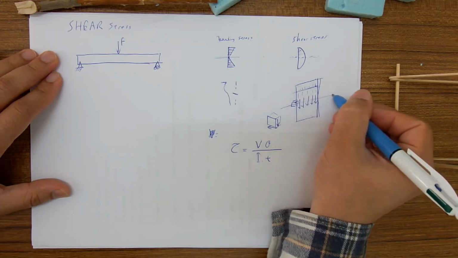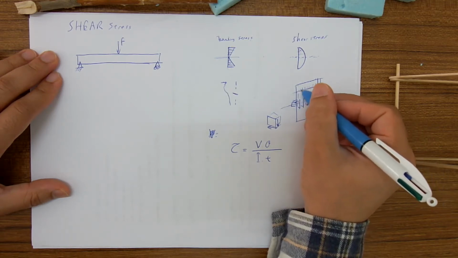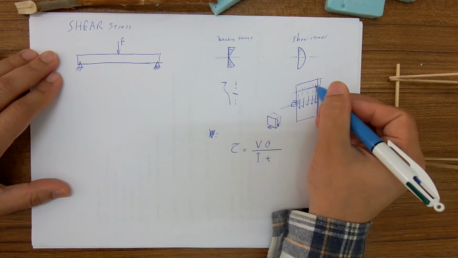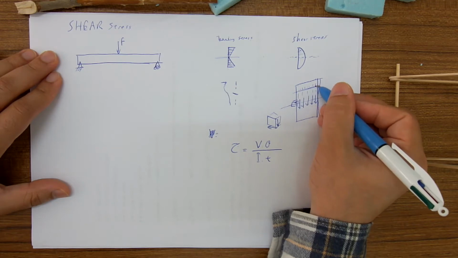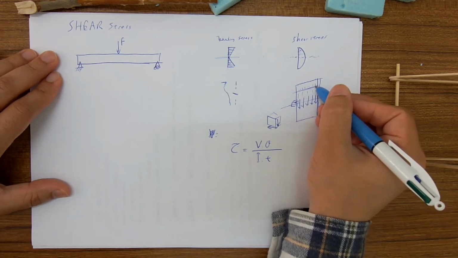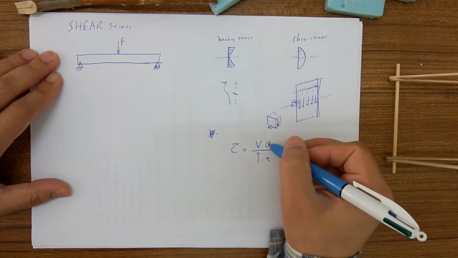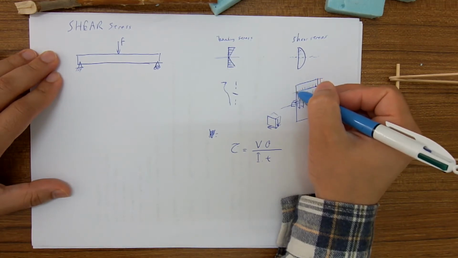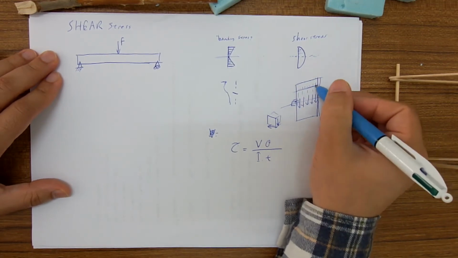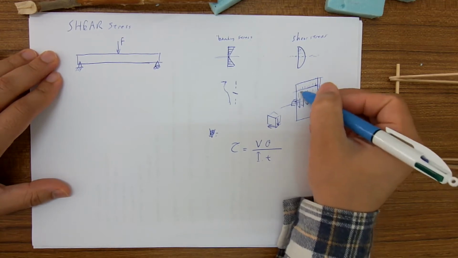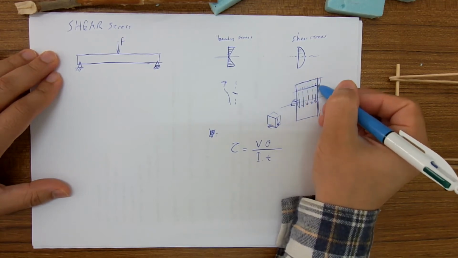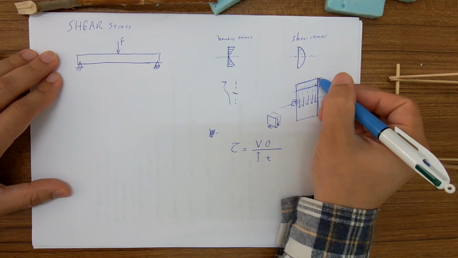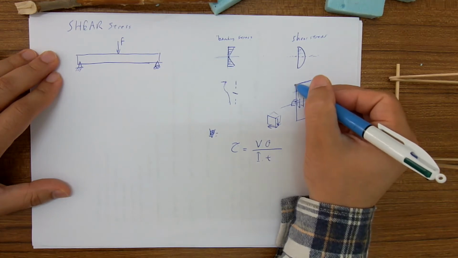If this is the neutral axis, you plot a line parallel to this neutral axis, and it passes through this point of interest, and you want to look at the shear stress at this point. So Q is the first moment of area above or below this point, above or below this line. Let's choose the area above the line.